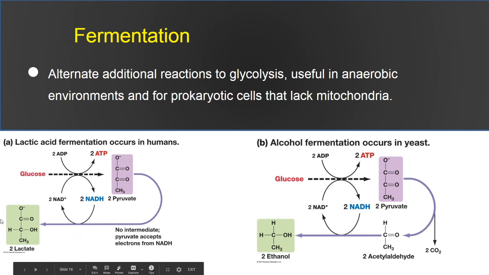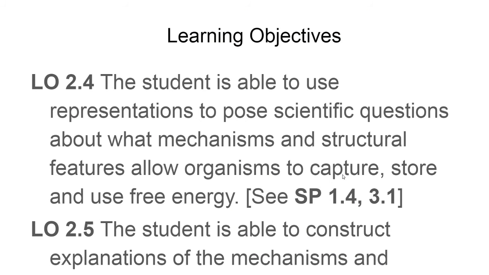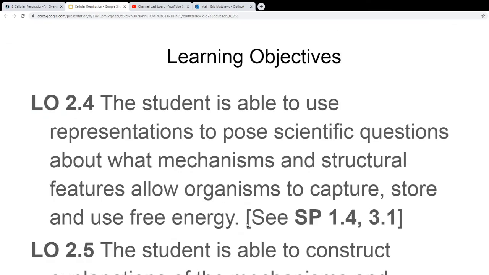Start making the lactic acid. We'll clean it up later. And then that's the cleanup process. As you breathe in more oxygen, it allows us to break it down and convert it back into harmless things. Boom. All right.